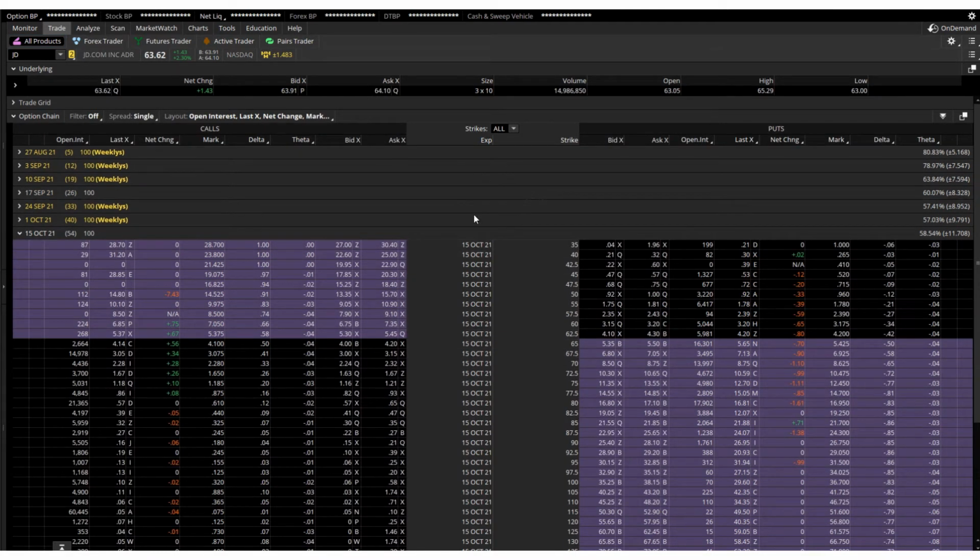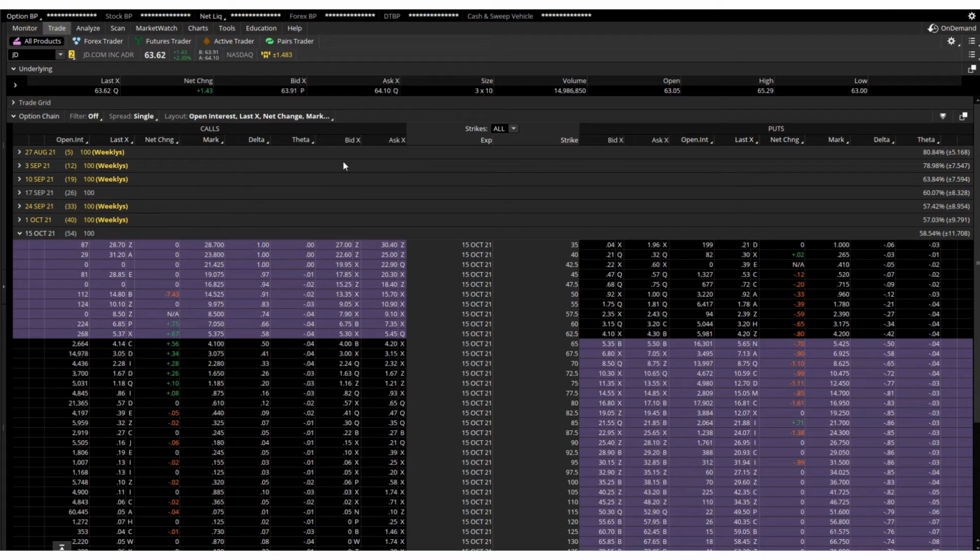So real quickly, the center of the page identifies the expiration. So this is October 15th, and to the right of that are the strike prices. So this is the stock price of $35, $40, $42.50, and so on.